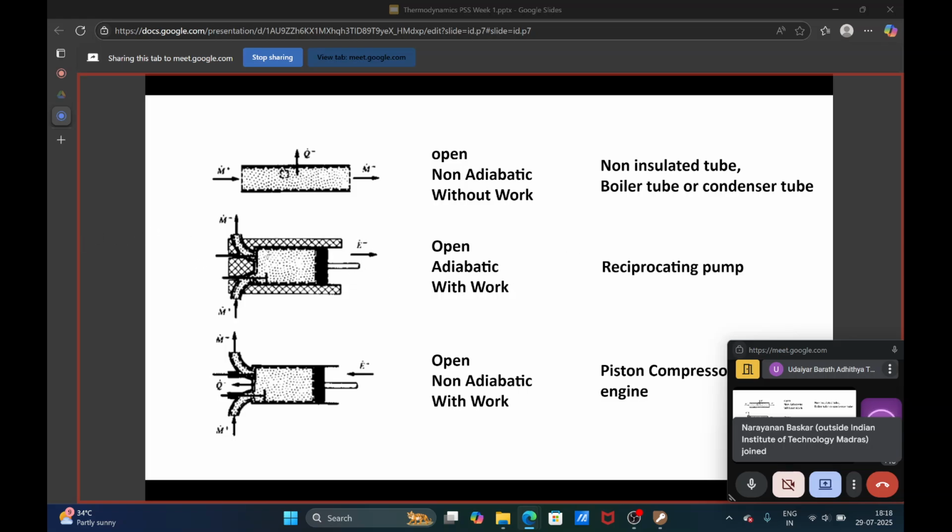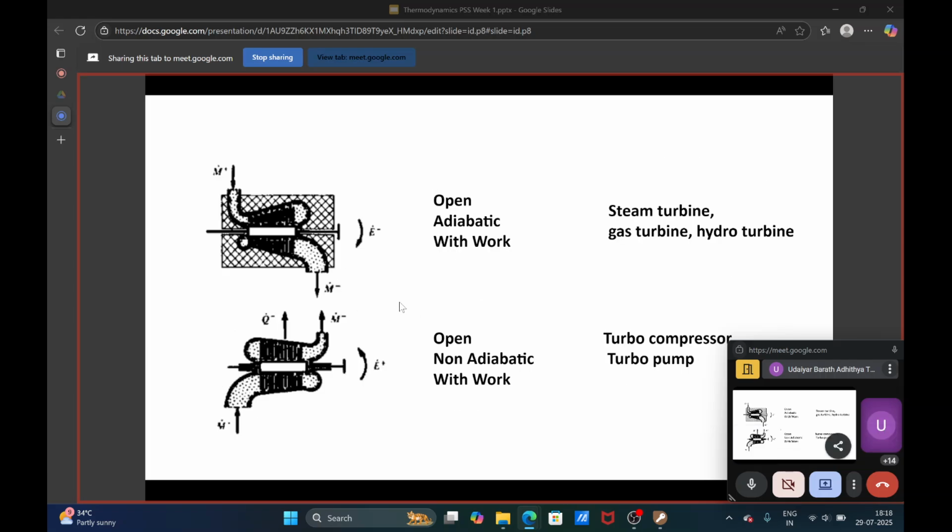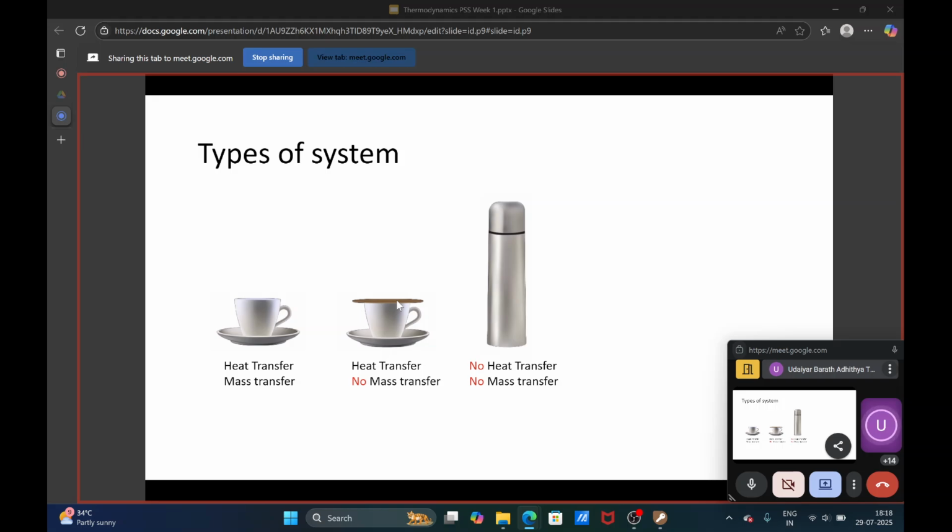In a reciprocating pump, again you have a piston cylinder arrangement, so you have work and mass transfer. So it's again an open system, and similarly piston. Then there are turbines and compressors. These are all system components which you will come across in thermodynamics.